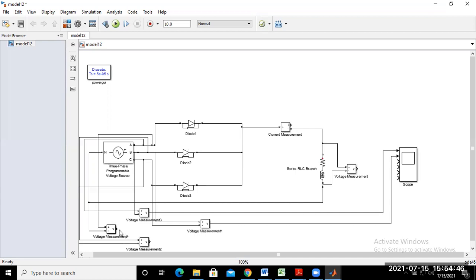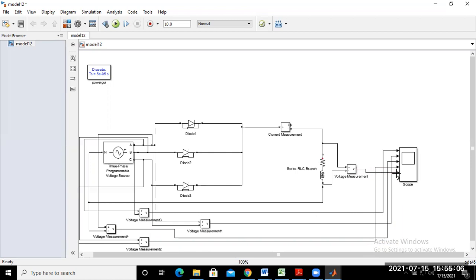The output of the voltmeter is connected across this terminal, and the output of the load voltage is connected across the fifth axis of the scope, and this one is connected here. Okay.